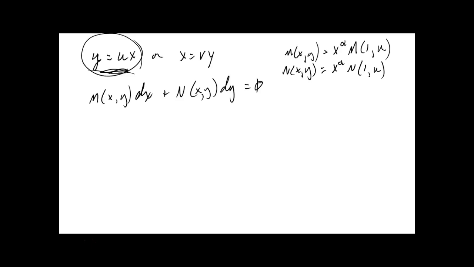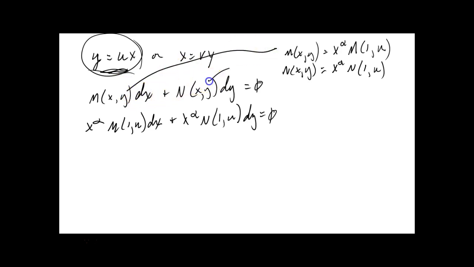So let's write that in there: x to the alpha M of 1,u, and we're going to keep the dx in there for right now, plus x to the alpha N of 1,u dy is equal to 0. Because this is equal to that, this is equal to that. We just plugged them in.